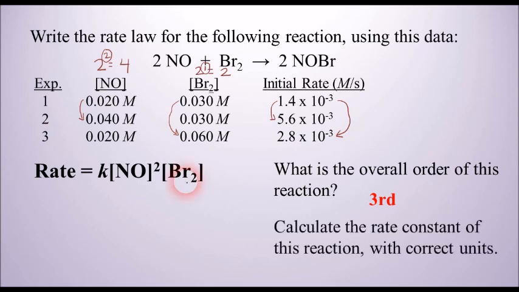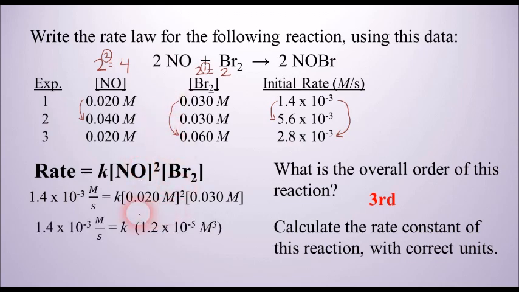How about if we calculate the rate constant of the reaction with appropriate units? Once again, we're going to plug into that rate law, using any one of these experimental value sets. You can use any one you want to. I'm going to use experiment 1 just because it's the first one there. So plug it in. And when I do that, I'm going to multiply these here.